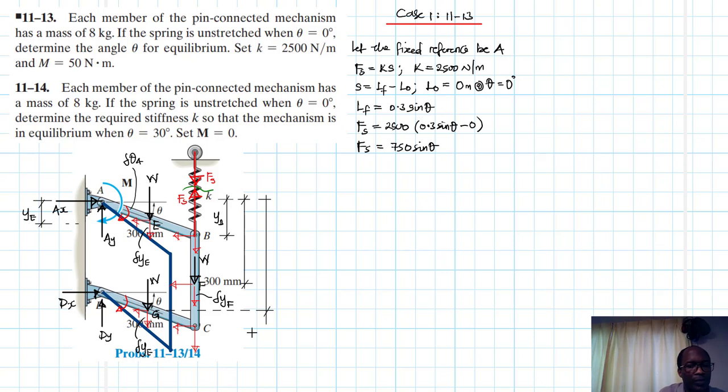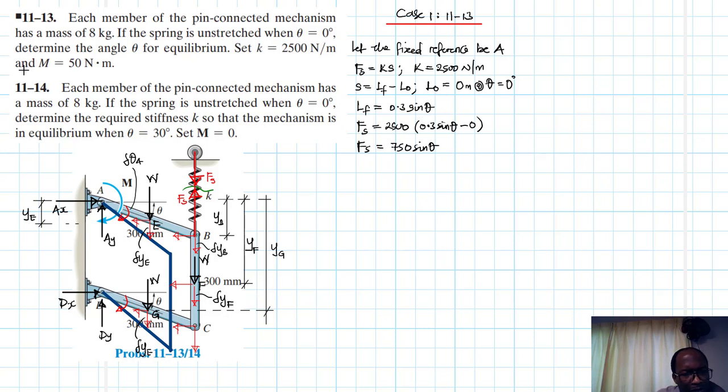This one we are going to call del yB. Then we have this one which is yF, and this one we have yG. So here we are.